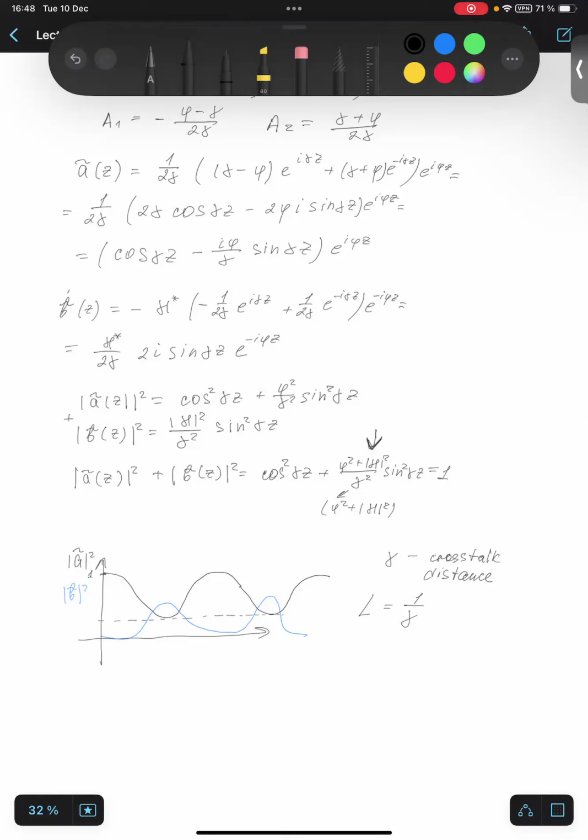If you want to calculate some systems, the coupling between waveguides, some ring resonators, for example, basically it is possible to do it with coupled mode theory. So that's all from me for today. If you have any questions, ask.